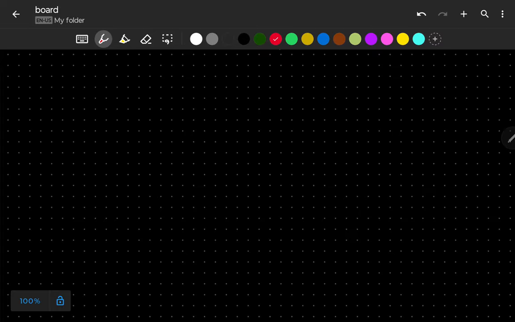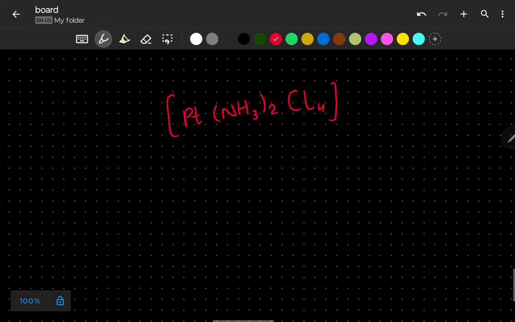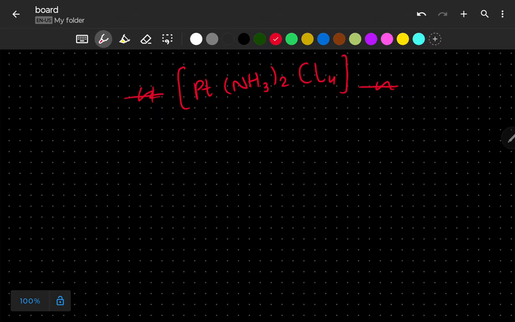Now for the next compound, [Pt(NH3)2Cl4]. Outside the bracket there is neither a cation nor an anion. Nothing is written over here and nothing over here, so just ignore it. Name it according to the ligands. Make sure that the ligands are arranged in alphabetical order.